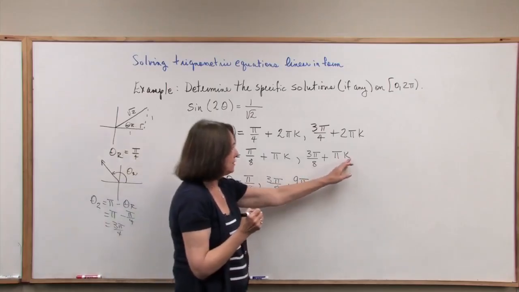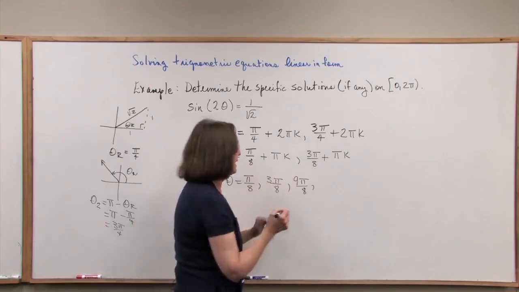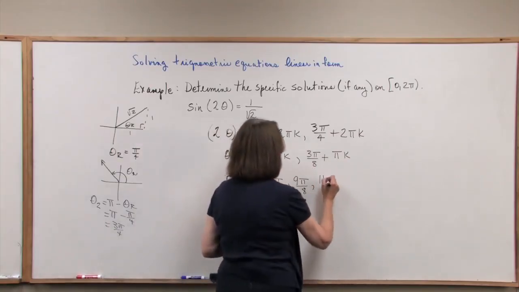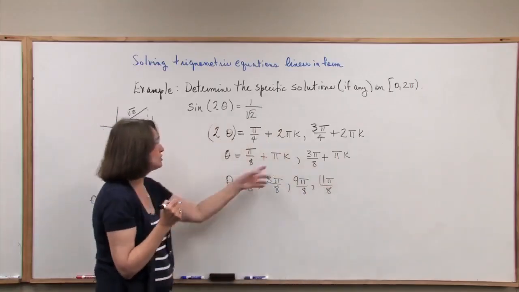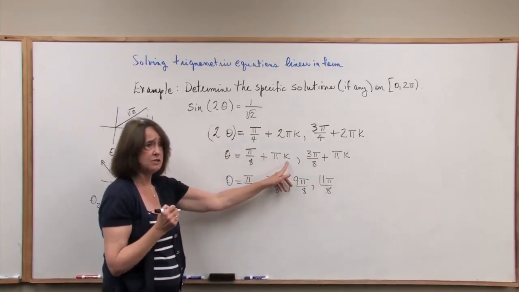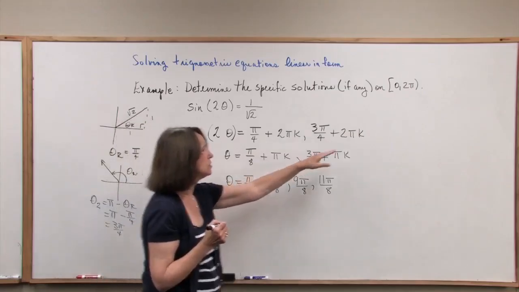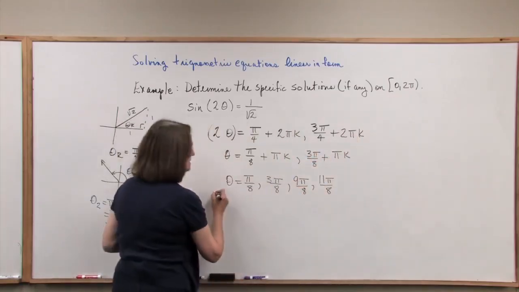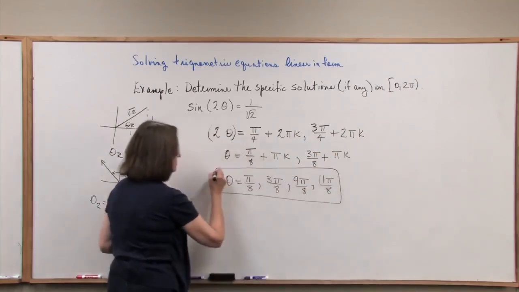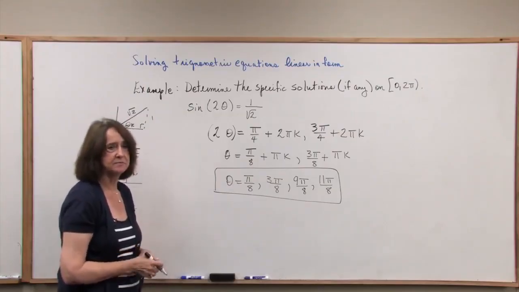Let k again be 1, add pi plus 3 pi over 8. That gives us 11 pi over 8. And of course, we cannot let k be 2 because we'd be adding 2 pi to each of the angles, which is outside of our interval. So we see in this example that we have 4 solutions.